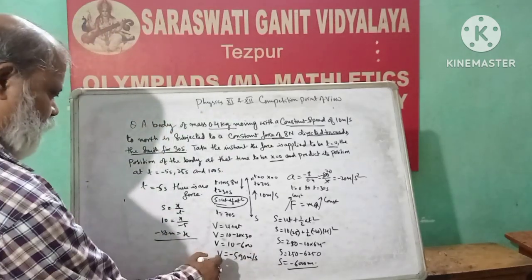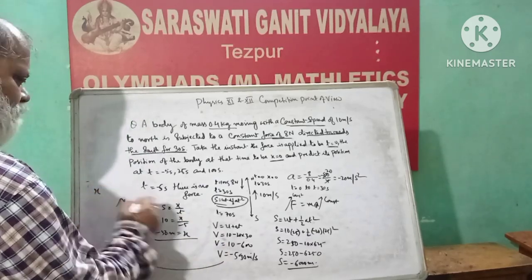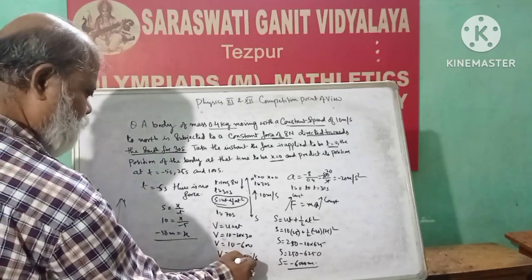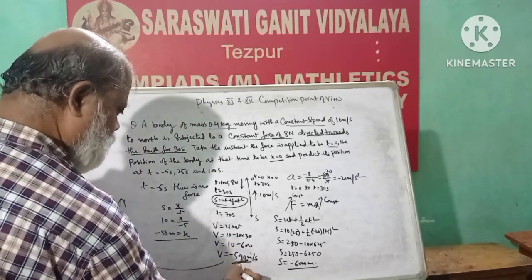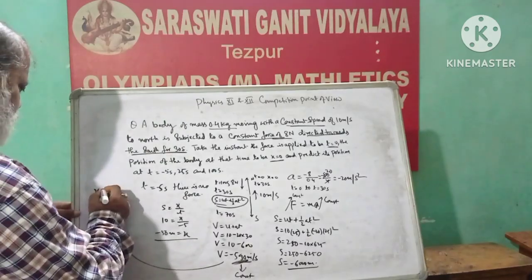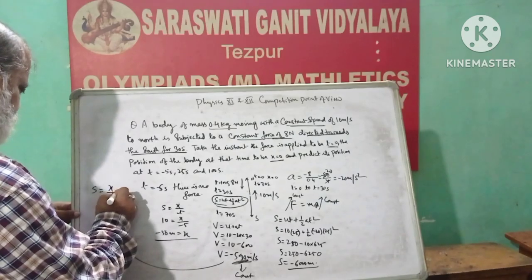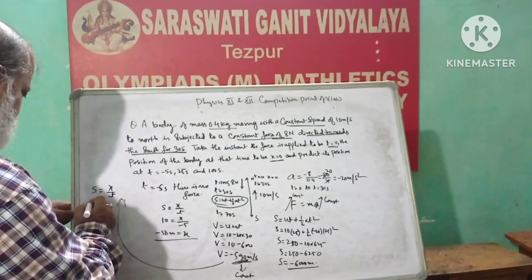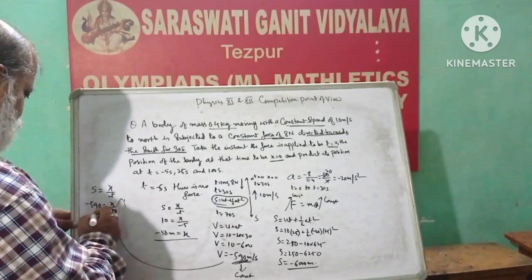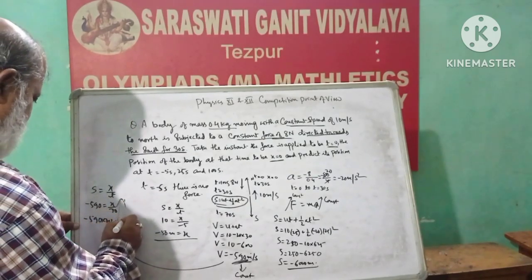So now your distance will be, there is no force after 30 seconds, so for 70 seconds it will be moving with this constant velocity. So s will be equal to x by t. So here minus 590 is equal to x by 70. So minus 590 into 70, this will be x.